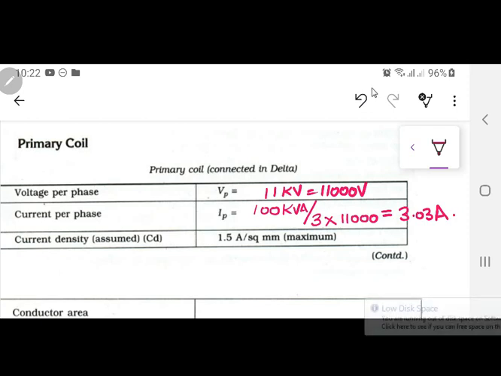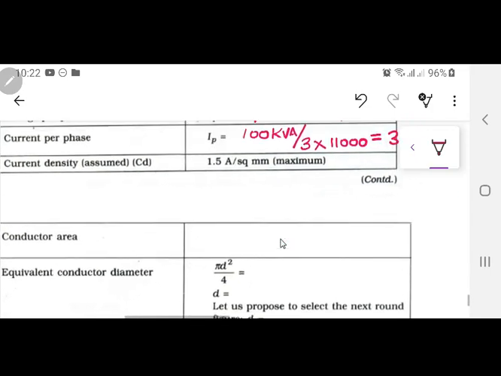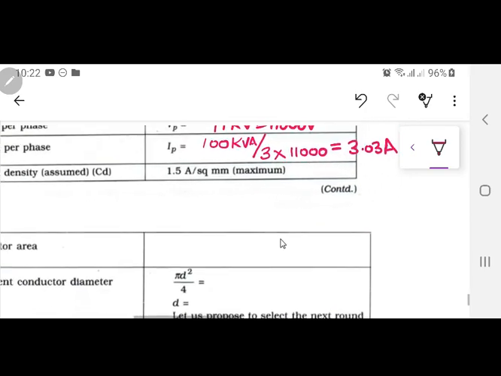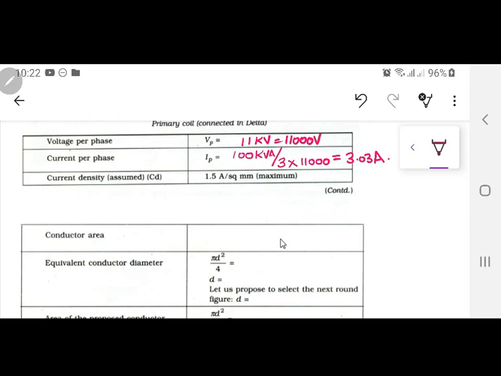The current density is approximately 1.5 ampere per square millimeter. So what should be the conductor area? Please, come on.